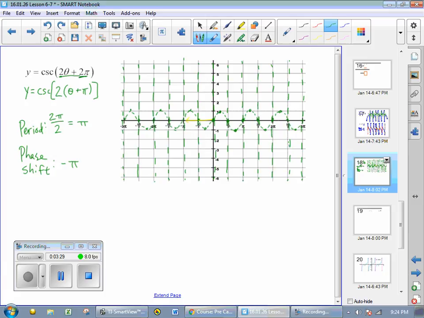All right, now in between each set of vertical asymptotes, I've got a parabola-looking thing that either is going up or down, and it hits that max or min of sine.